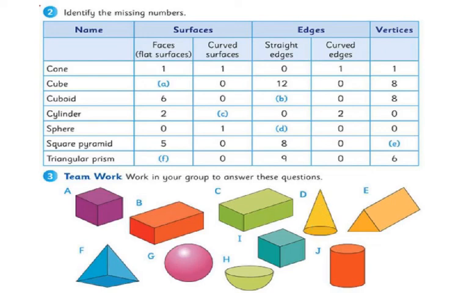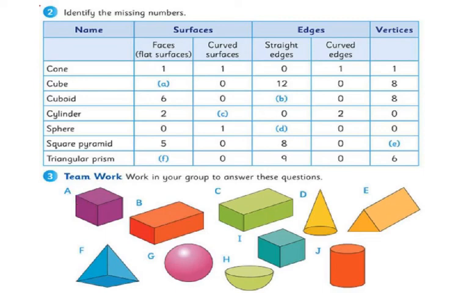Cube, oh look, we have faces missing. So how many faces does it have? And the faces here are straight. But let's see. 1, and then the opposite side, 2, 3, underneath 4, 5, and then the opposite side, 6.